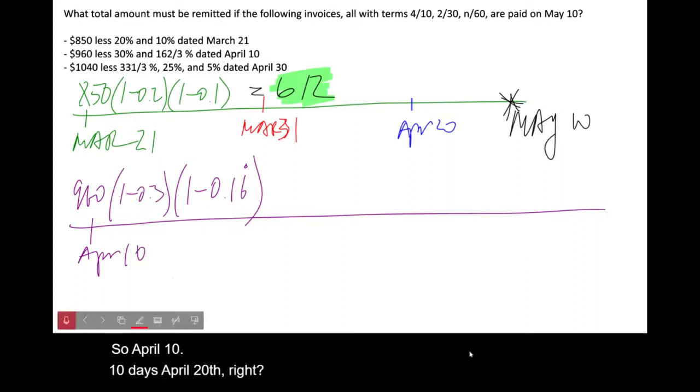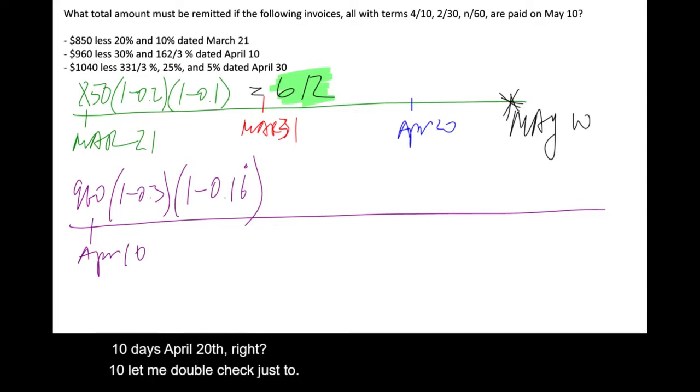April 10, let me double check, so 110, April 20th, yeah, that's right. So April 20th, and then April 10 plus 30, so April 10 was 100, so plus 30, 130 gives me May 10. May 10.